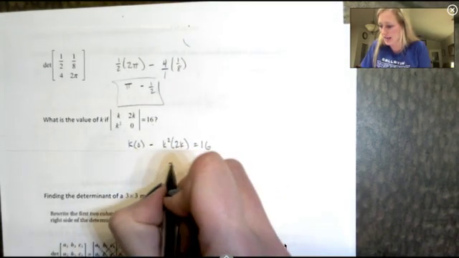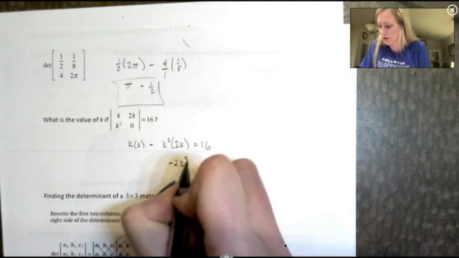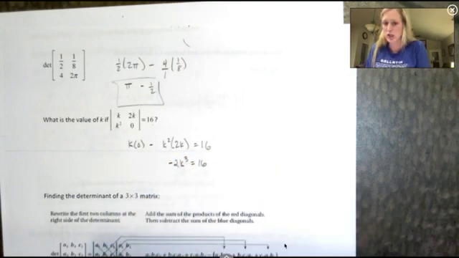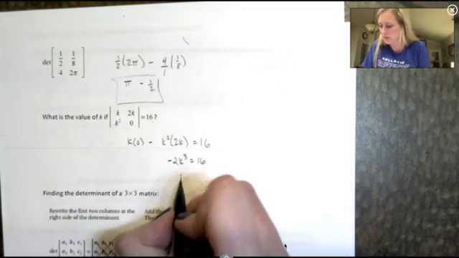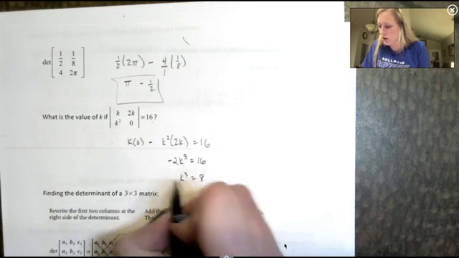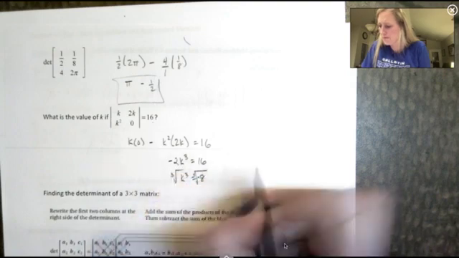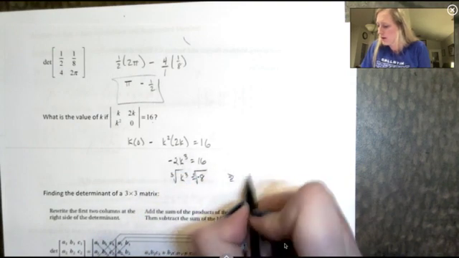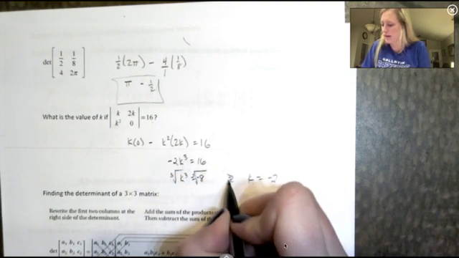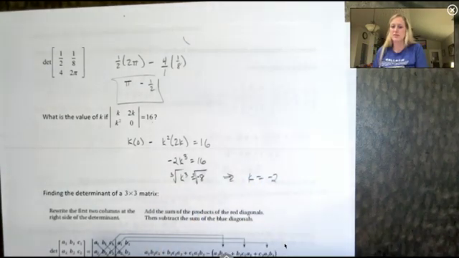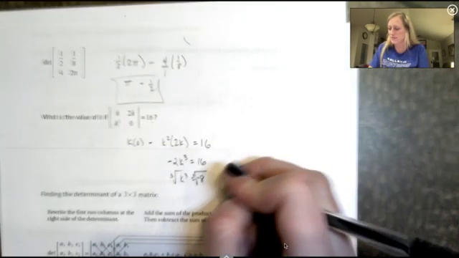So here I get negative 2k to the third power equals 16. I'm going to solve for k. Divide by negative 2. And the cube root of negative 8 is negative 2, right? Negative 2 times itself 3 times equals negative 8.